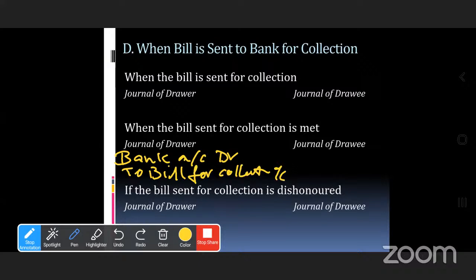That is bill collected by bank. Here we will be writing the narration as bill collected by bank.